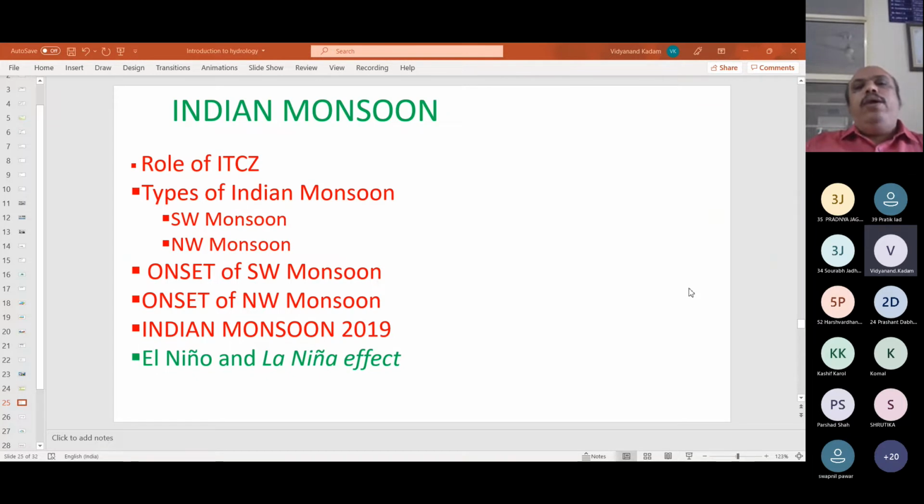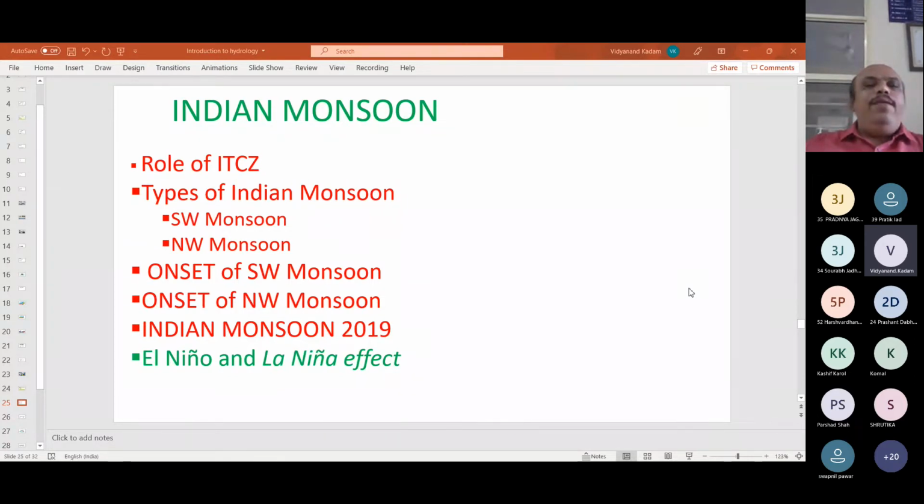This term monsoon is derived from the Urdu word mausam. Mausam means a season. So monsoon is a season in which the rainfall occurs in India. Now, related to this Indian monsoon, we are going to discuss the following points.